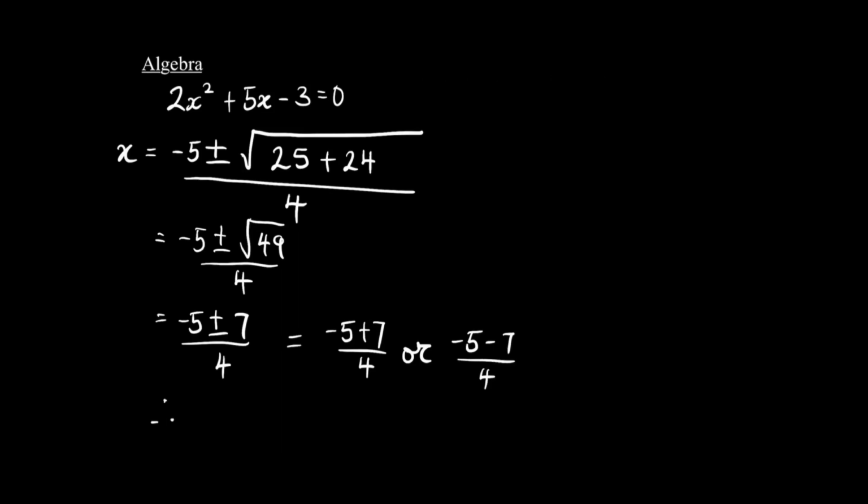Therefore, our x equals negative 5 plus 7 is 2. 2 divided by 4 is 1/2. Or our x is equal to negative 5 minus 7 is negative 12. Negative 12 divided by 4 is a negative 3. That's the solution for the first problem.